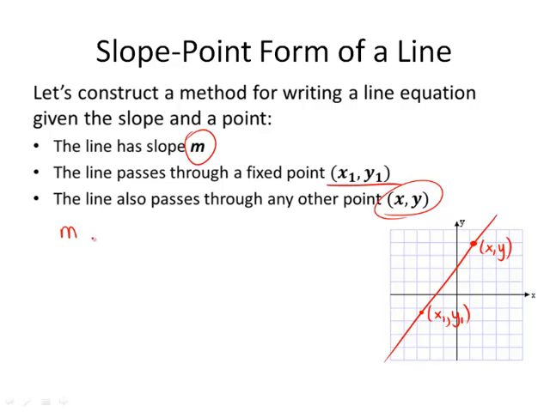If we take the slope definition, you can see that you're going to find the rise by taking y minus y1 and the run by taking x minus x1.